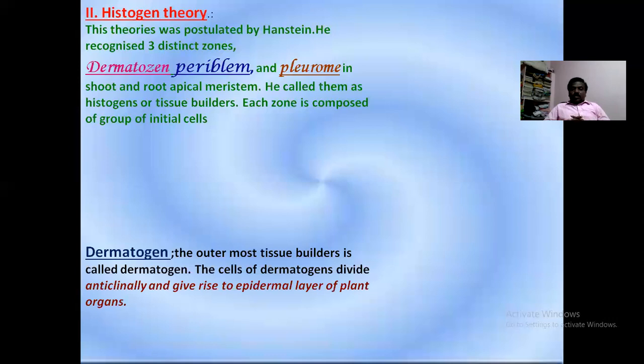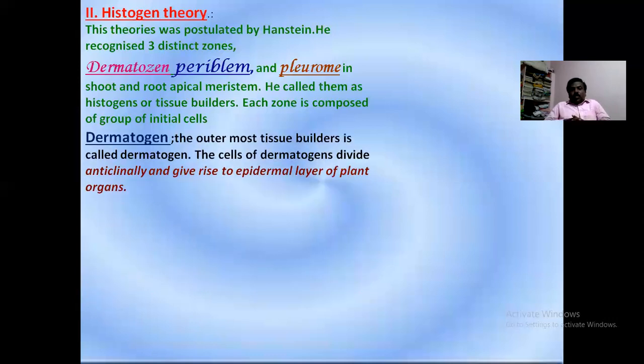Next, the first histogen is the dermatogen. The outermost tissue builder is called the dermatogen. The cells of the dermatogen divide anticlinally and give rise to the epidermal layer of plant organs.